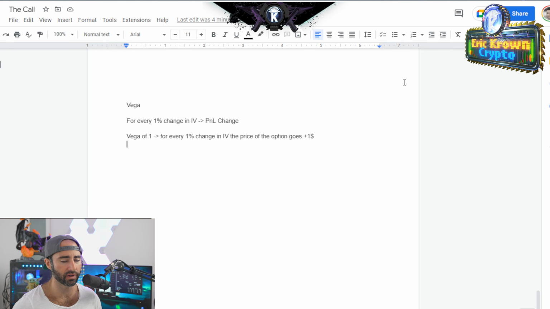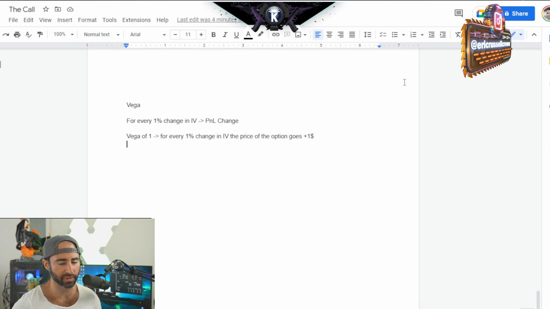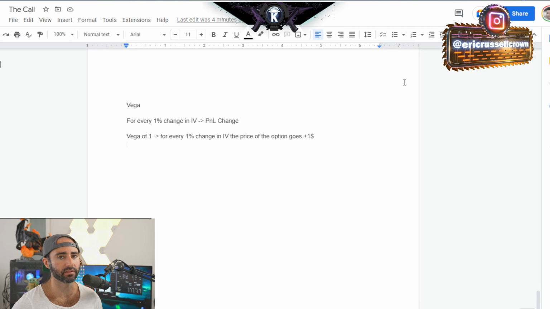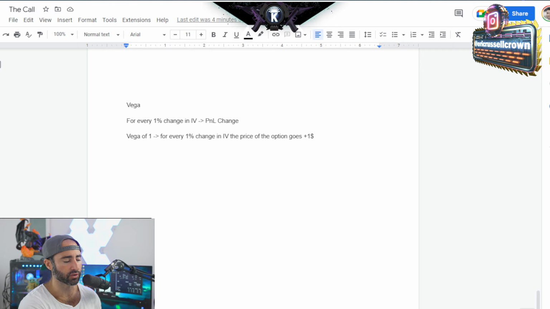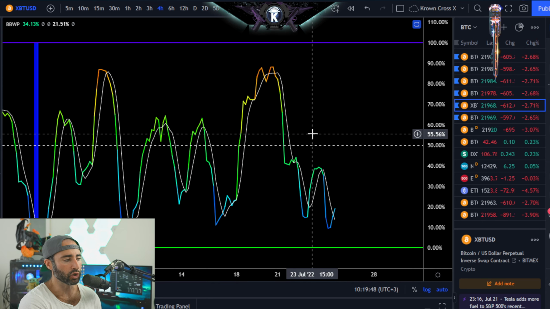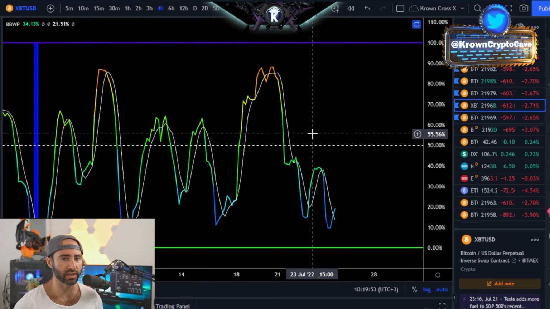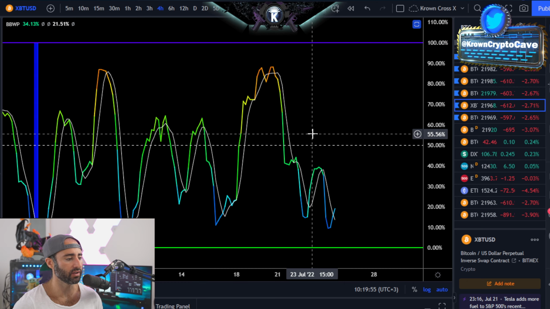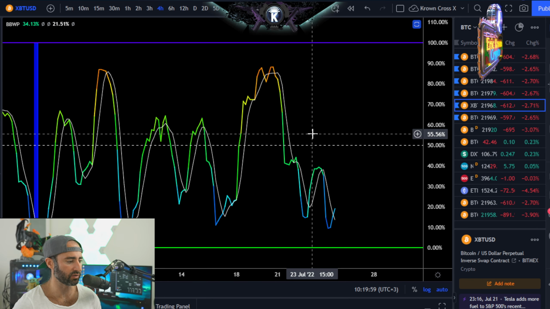But in general, with Vega, we want to be long volatility when implied volatility is low or relatively low. We understand relatively low reads by looking at volatility indicators like this, like the BBWP. We also have the HVP and stochastic volatility. There's plenty of ways to do this, and they should all print about the same results anyways.